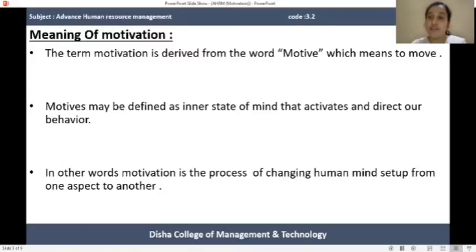Means whatever performance the organization wants, accordingly the person has to move to that through the technique of motivation. So in case of motivation, the person is moved from the present condition, present state of mind, to the desired state of mind.